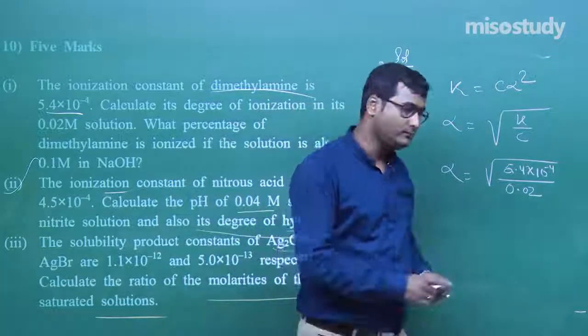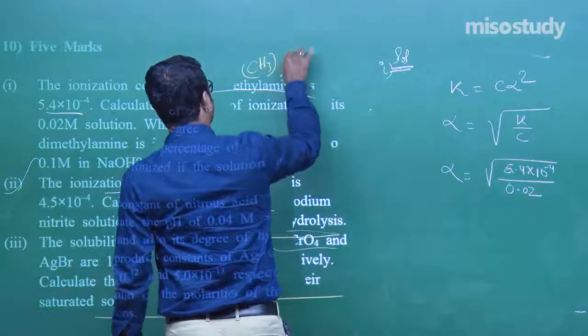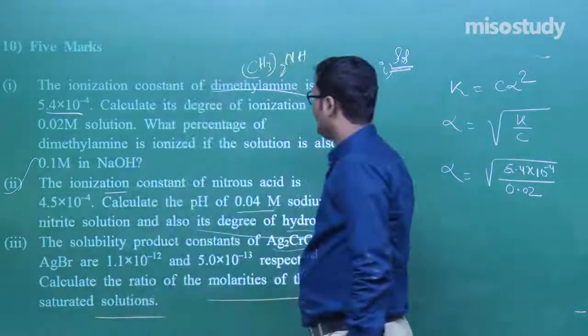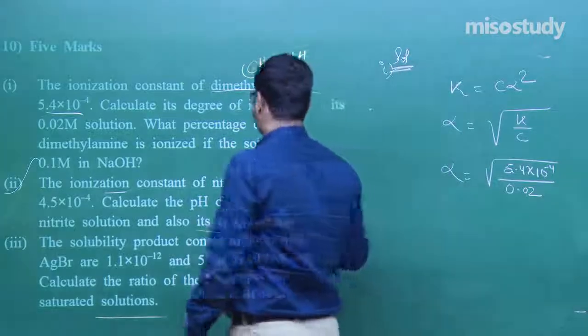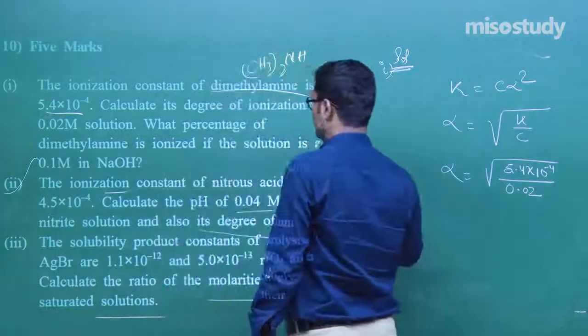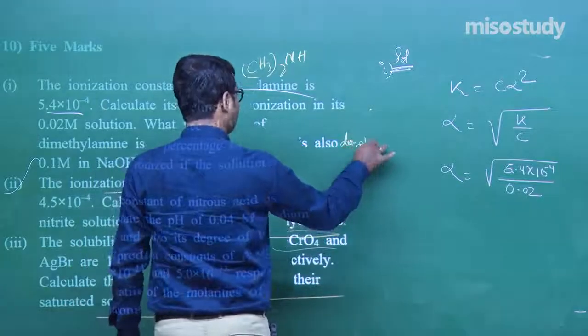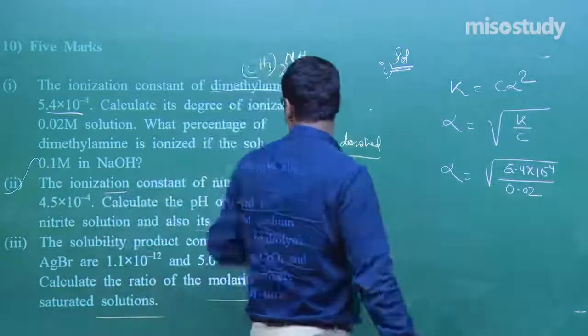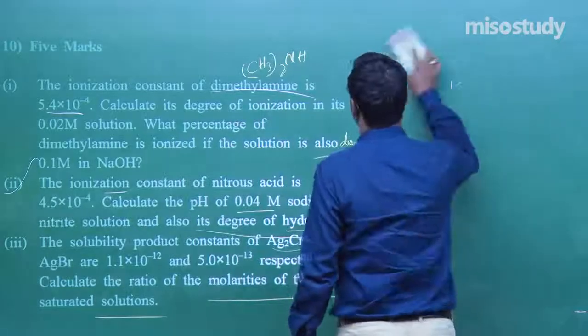Clear? Yes. What is dimethylamine? (CH3)2NH. Now, what percentage of dimethylamine is ionized if the solution is treated in 0.1 molar NaOH? That is, it is treated with NaOH.